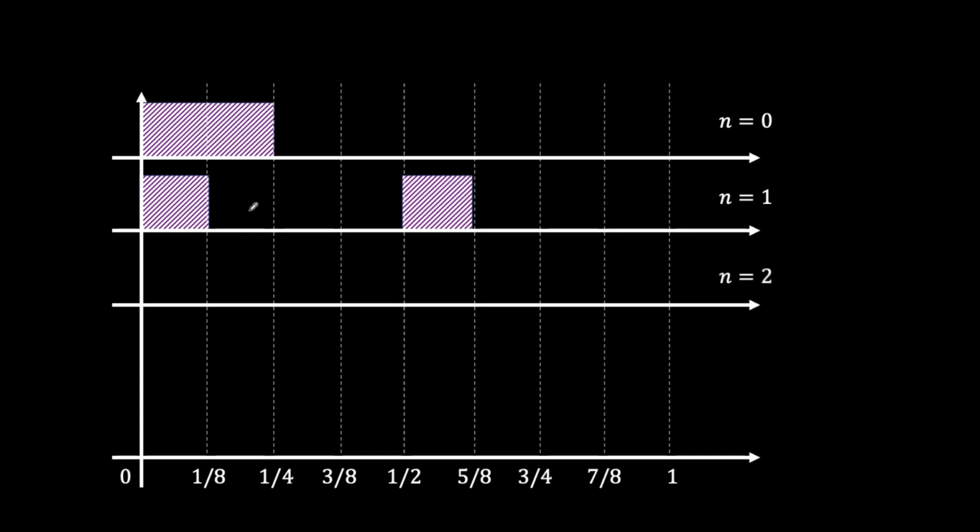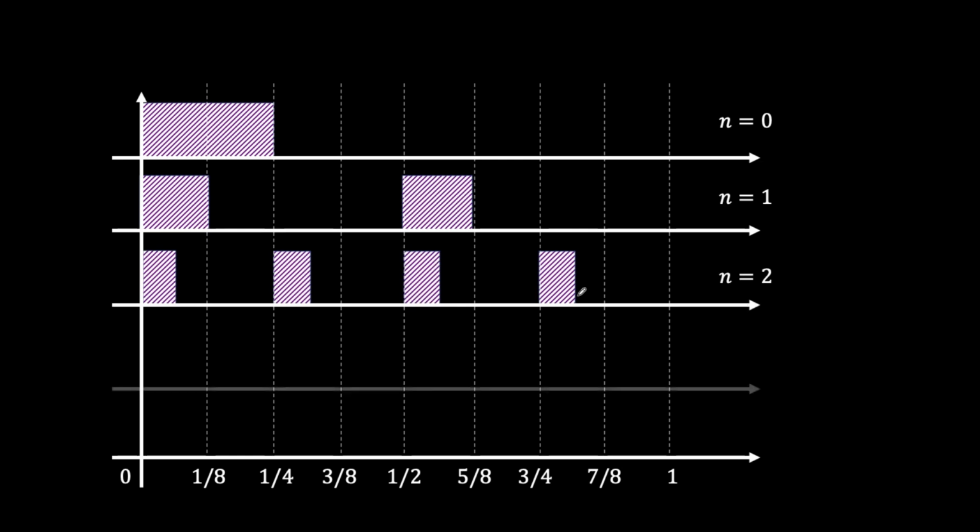When n equals 2, we expect it to be at 0, but the width being now 1 over 16, will be at 0, at a quarter, at a half, and at 3/4.